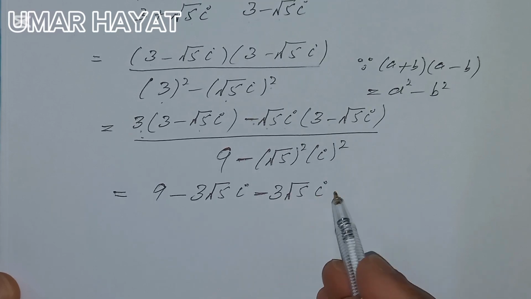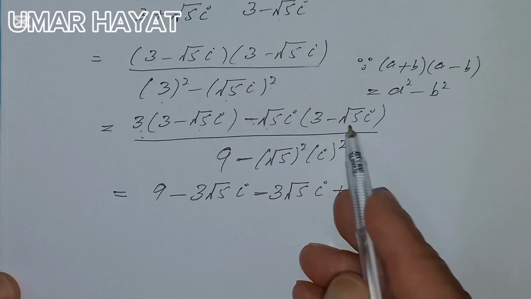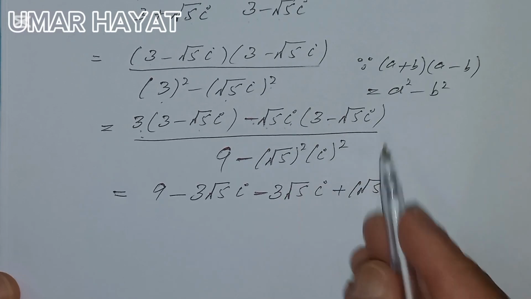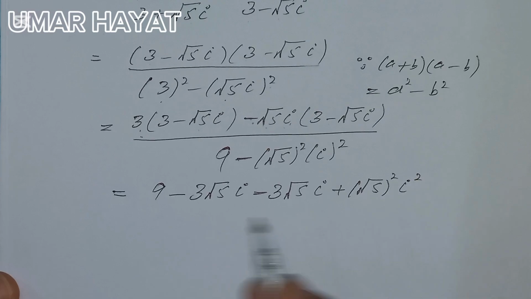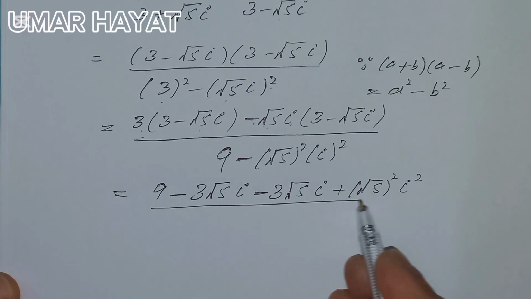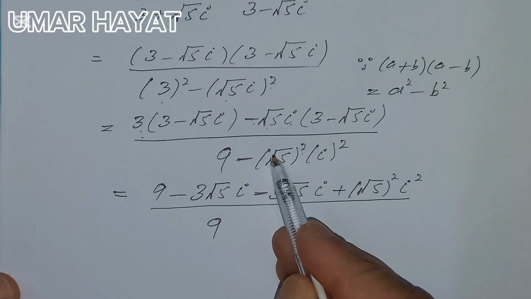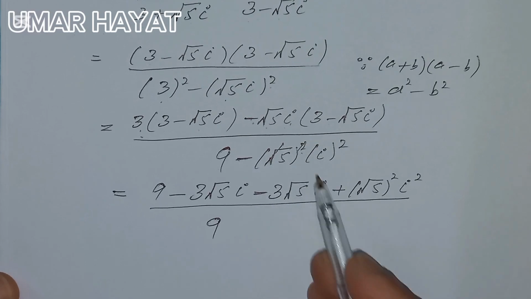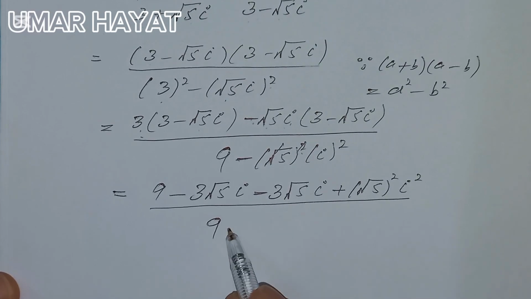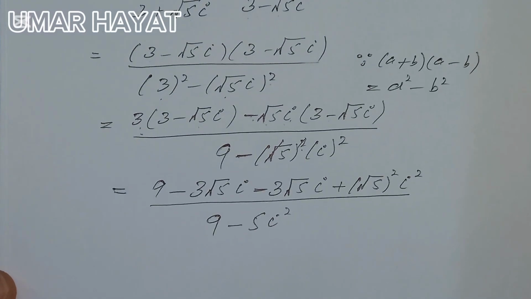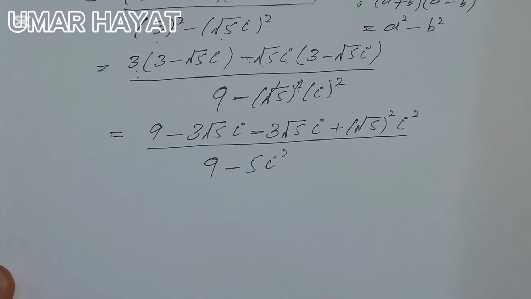Minus multiply minus, plus under root 5 multiply under root 5, under root 5 square, iota multiply iota, iota square. In denominator we get 9. Now this 2 is cancelled with this square root sign, and minus 5 iota square. We know that iota square is equal to minus 1.